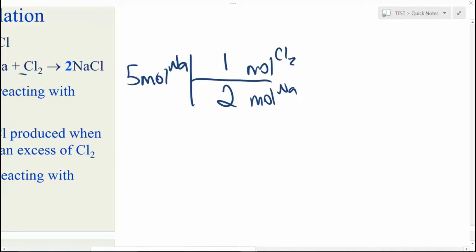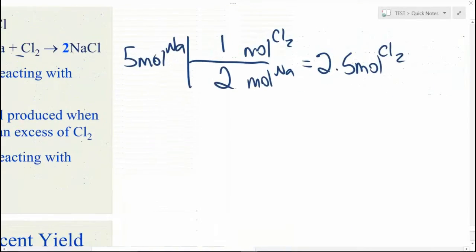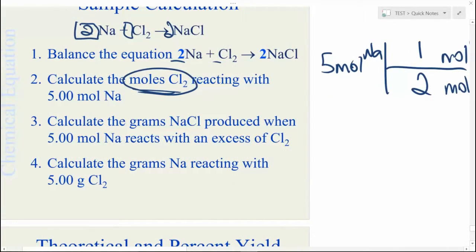So here I'm going to say 5 divided by 2, and I'm going to get 2.5 moles of Cl2. Okay, but the question is asking, calculate the number of moles of Cl2. That's what we did. There's 2.5 moles of Cl2.